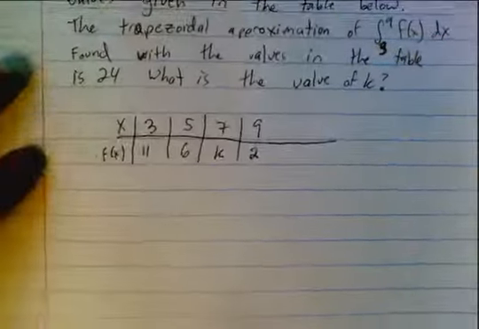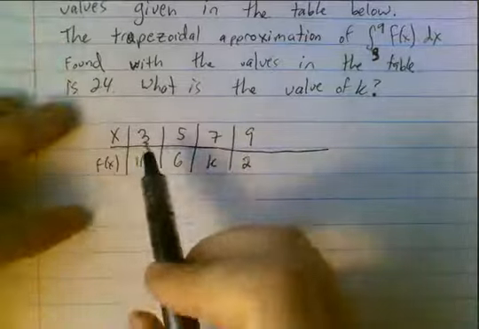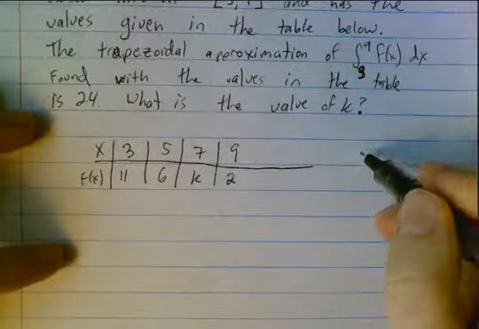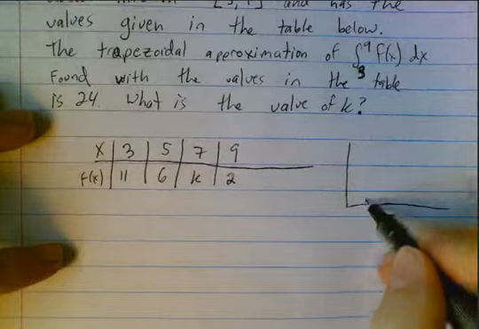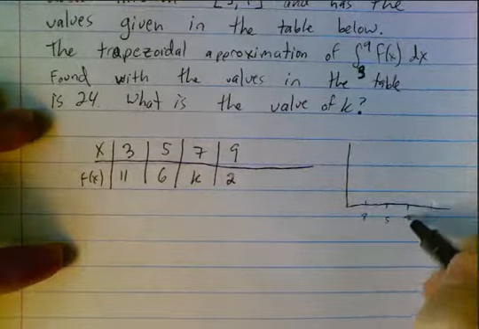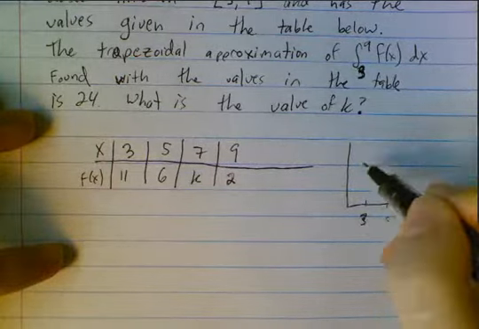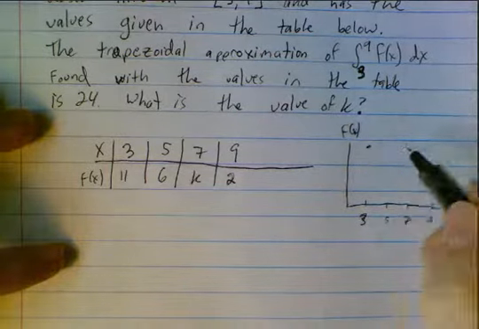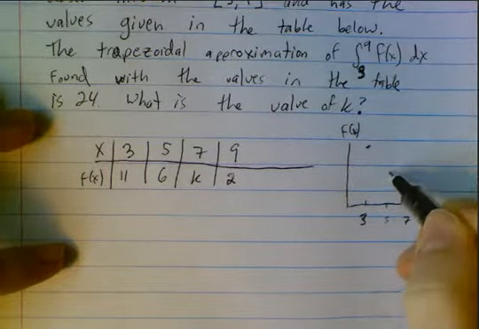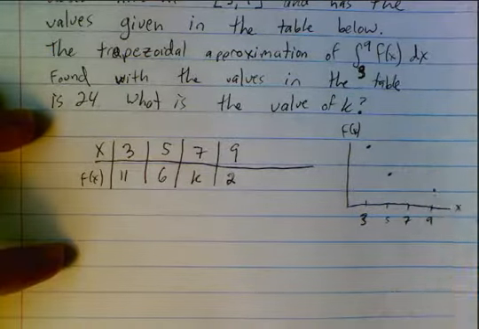So what I'm going to look at is I know that when I'm doing my trapezoidal approximation, basically I've got this little sort of graph here. These are all positive, so I can go up here. So 3, 5, 7, 9. And I know that f of x is 11, 6, don't know what it is here, and 2.